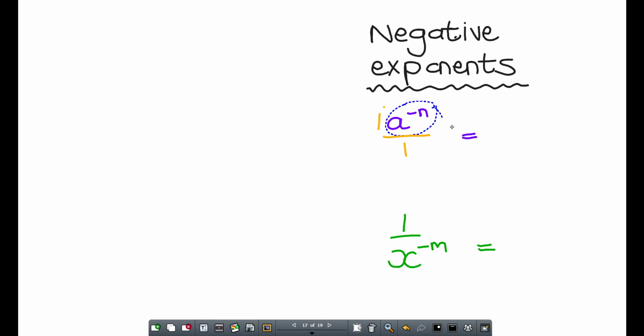So I could move it to the bottom. And then it will become, what's left at the top then? 1 over, and 1 was there, then a to the power of positive n. But this 1 in front, you don't have to write it. You don't have to, but if you want to, you can keep it there. Does that make sense?